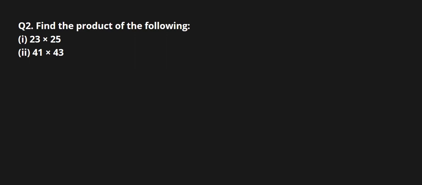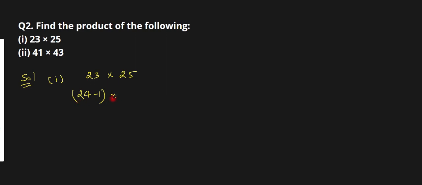So the very first number is 23 multiplied by 25. 23 can be written as 24 minus 1, and 25 can be written as 24 plus 1. Here I am going to use one identity.